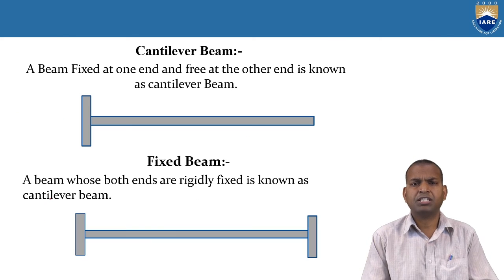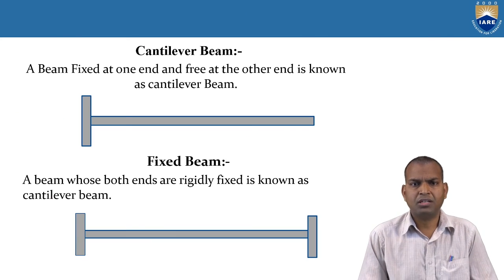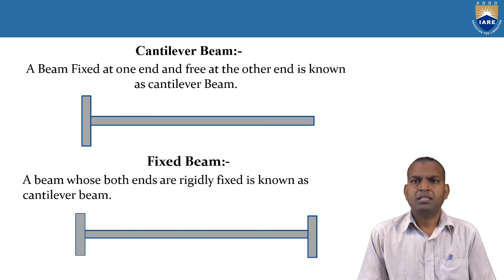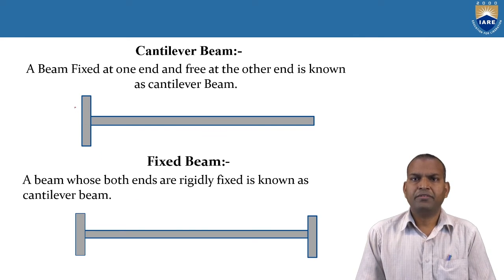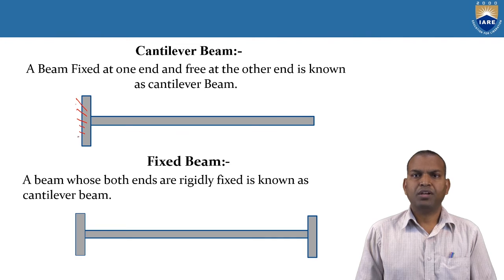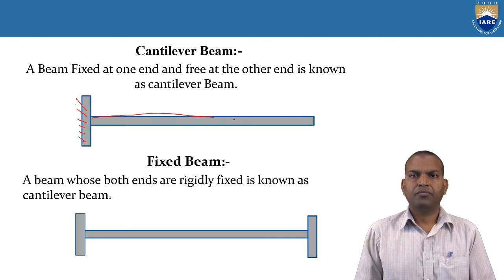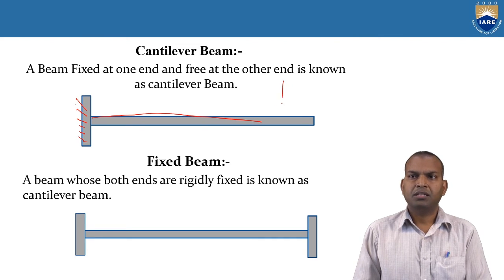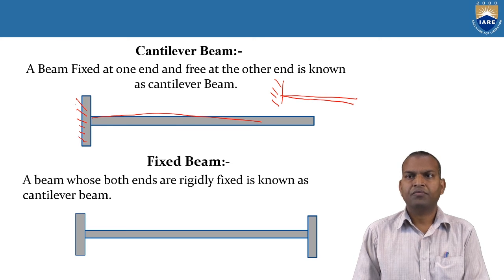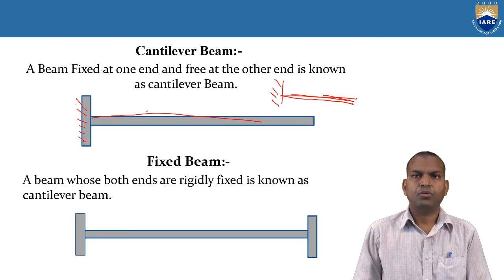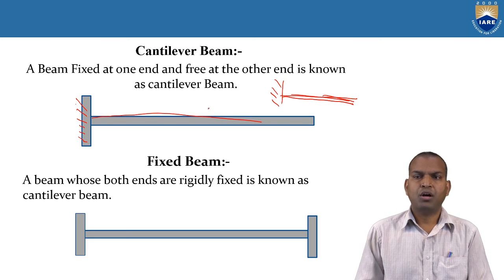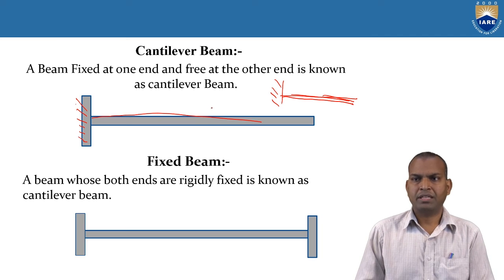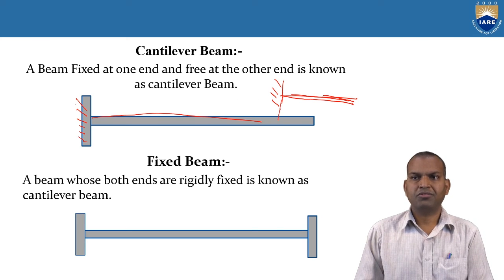Next, coming to the next type of beam, it is called a cantilever beam. In the simple line diagram, we can see it is fixed at one end and free at the other end. Fixed at one end means how many reactions are going to take place? There will be three reactions based upon the load.